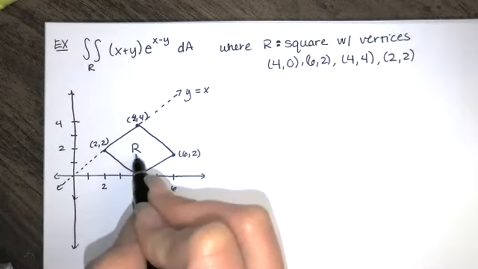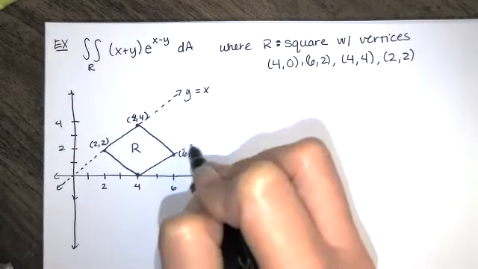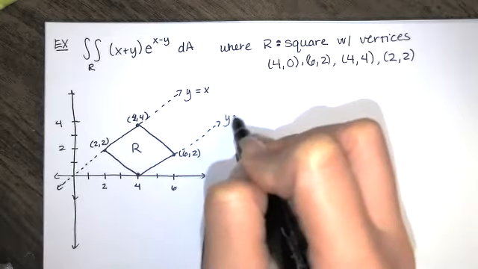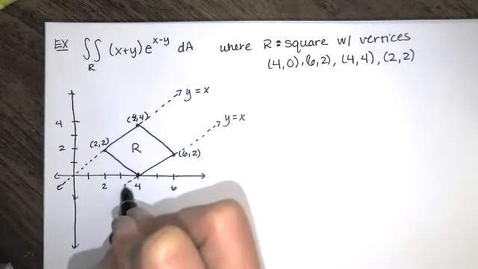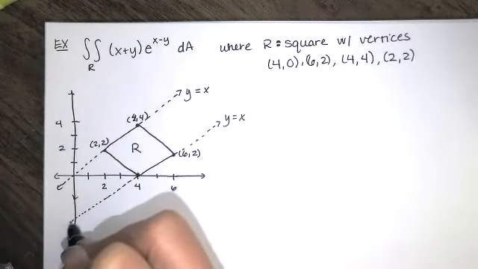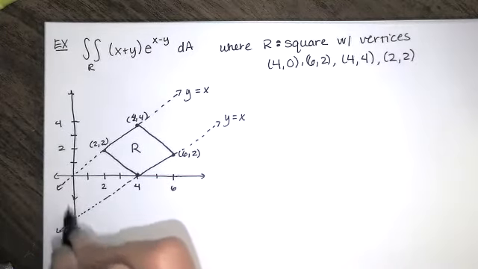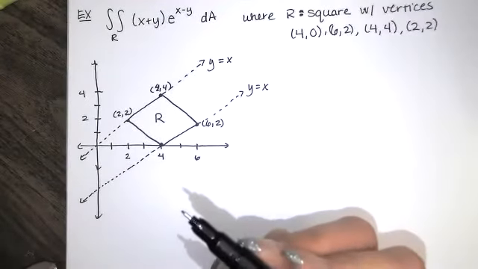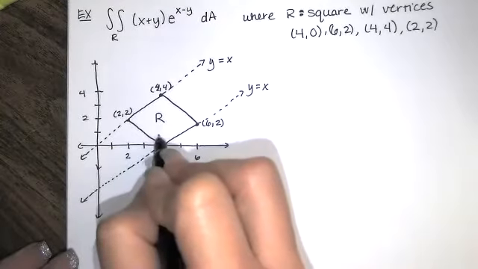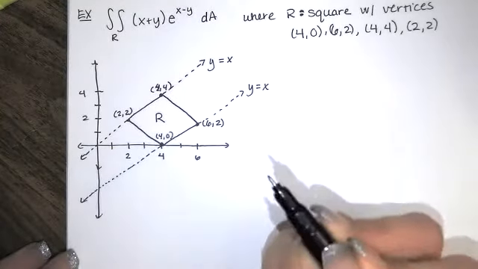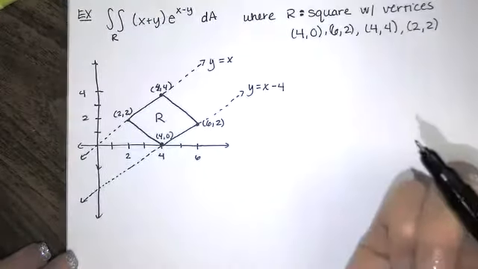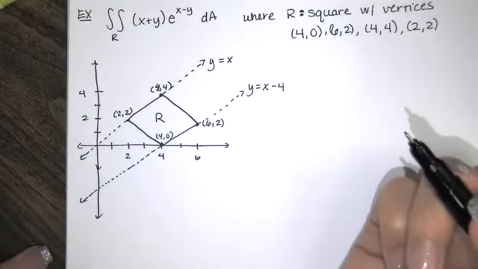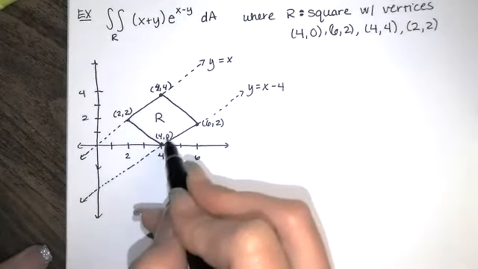So we rise 2 and run 2. So that is a line that still has the slope of 1. It's going to have a different y-intercept, down here. We know that when x is 4, y is supposed to be 0, so it must be x minus 4 equals y.